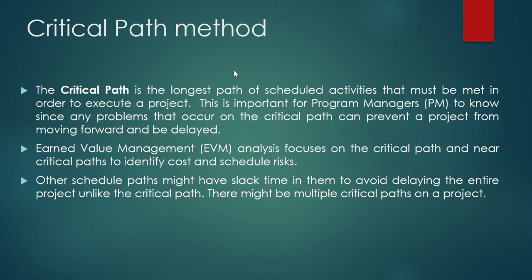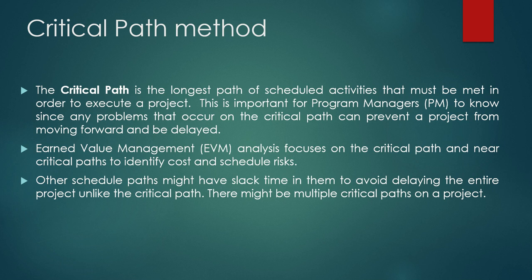Here we have a basic understanding of what the critical path method is. The critical path is the longest path of the scheduled activities that must be met in order to execute a project. In very simple terms, for the time being, please understand that the critical path is the longest path in any network, the longest time to complete the whole project, right?